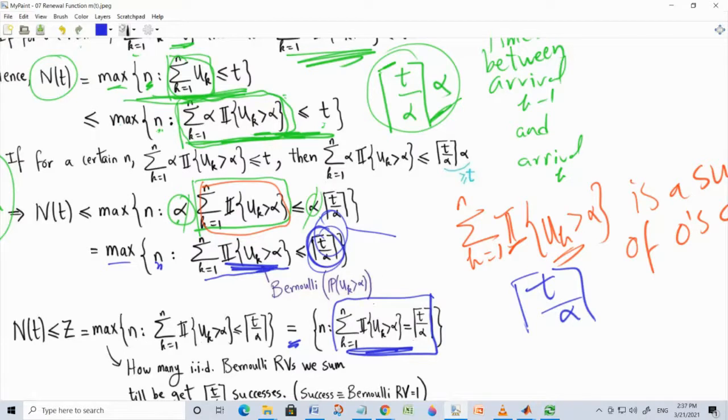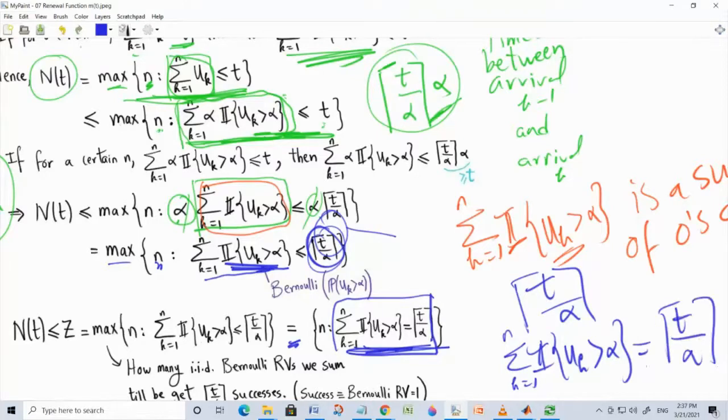Since now you are summing zeros and ones, and the threshold is an integer, the maximum n in the upper bound on N of t is exactly the n that achieves this equality, such that the summation for k from 1 to n of the indicator of u of k greater than alpha is exactly equal to the ceiling of t over alpha.